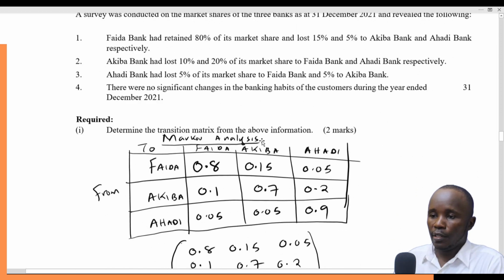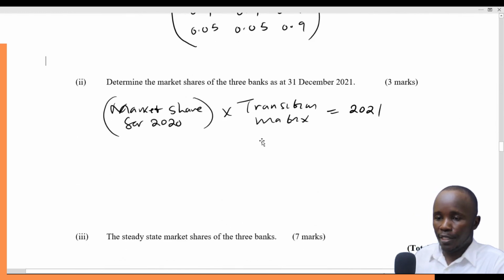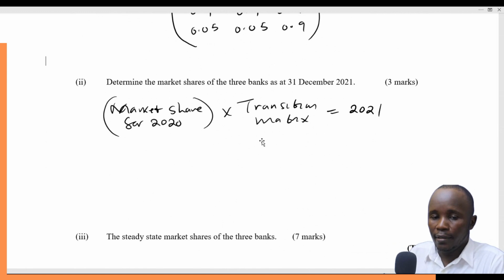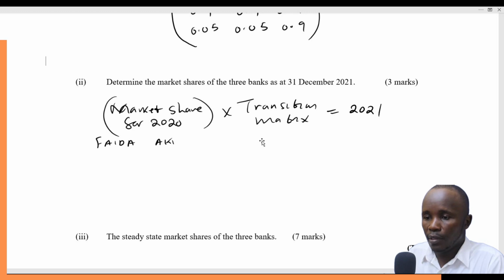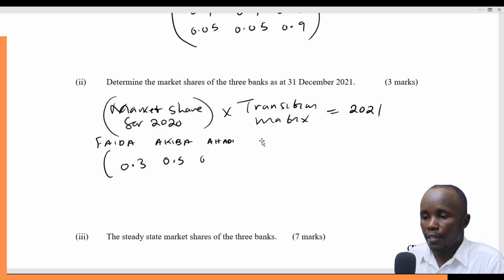So, if I come here, 2020, we start with Faida, then we have Akiba, and then we have Ahadi. Their market share was 30%, 50%, 20%. This is the matrix.